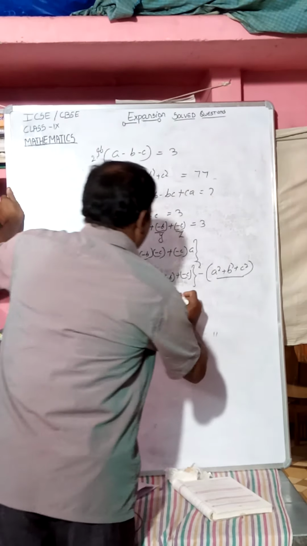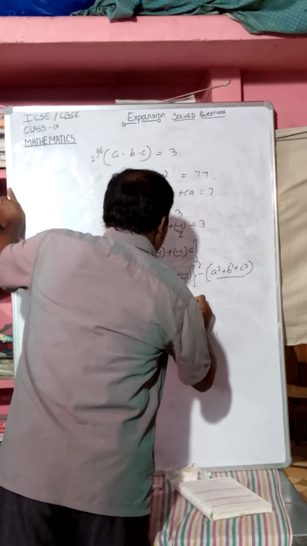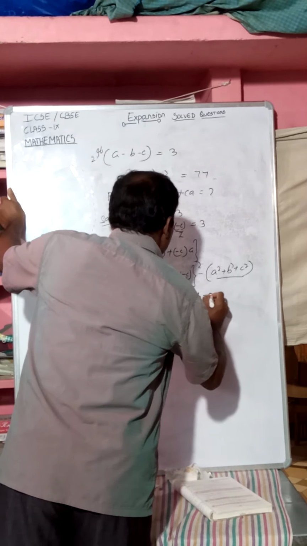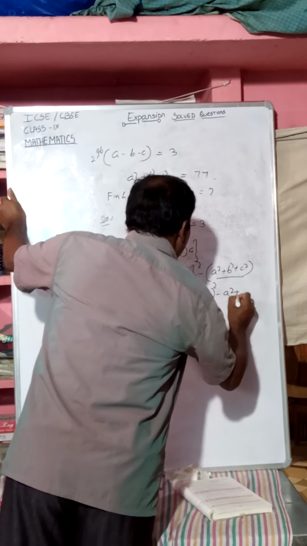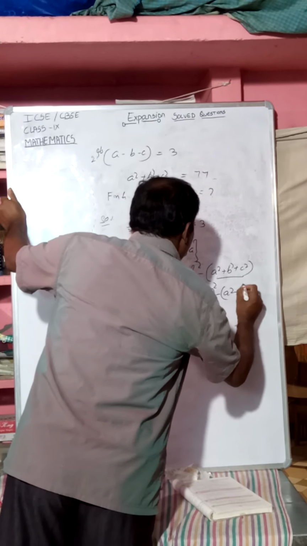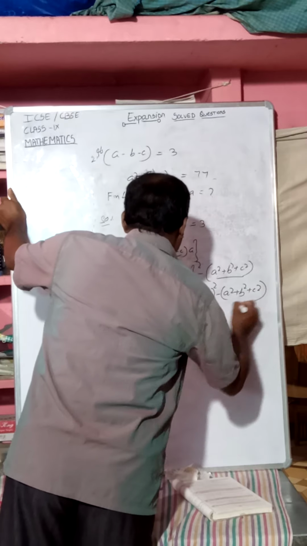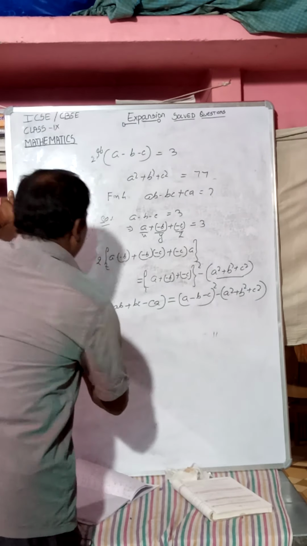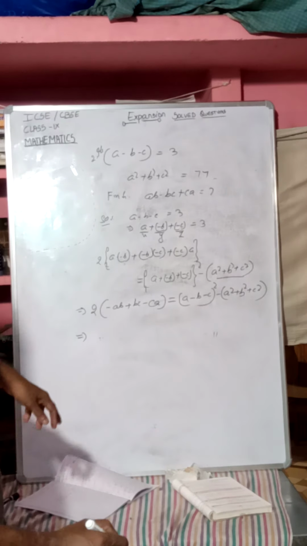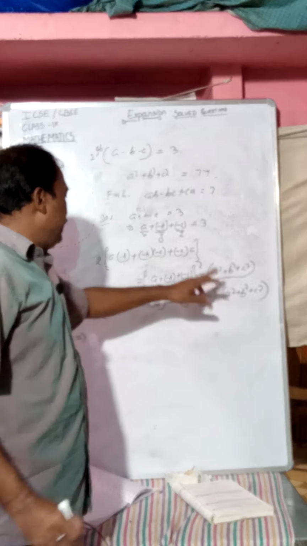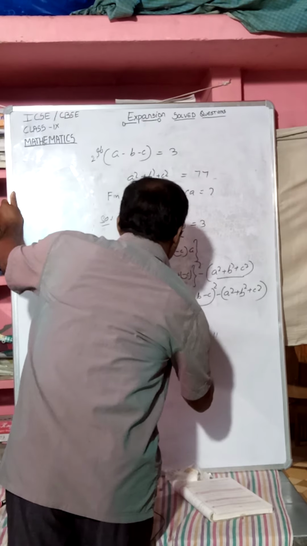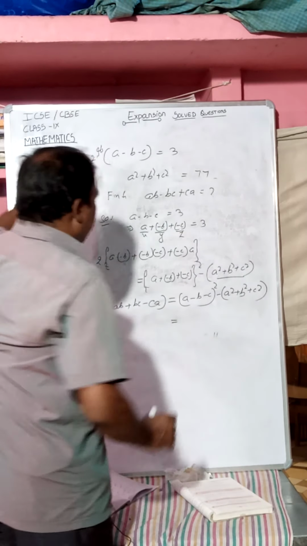is equal to (A − B − C) whole square − A² + (A² + B² + C²). Implies that 2 into (−AB − BC − CA) is equal to (A − B − C) whole square, which is 3.